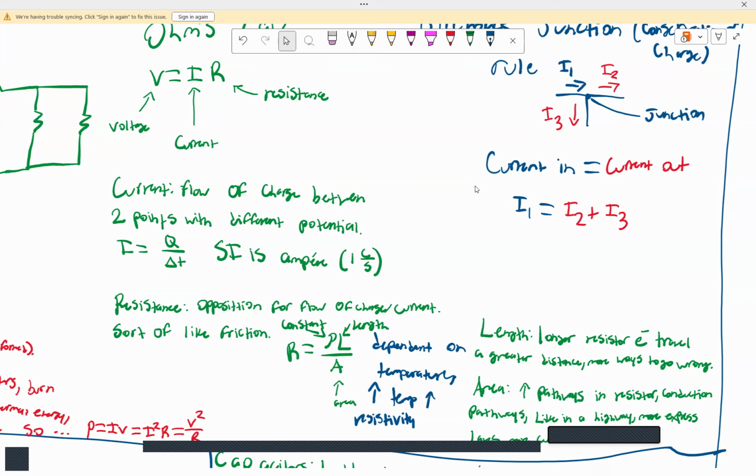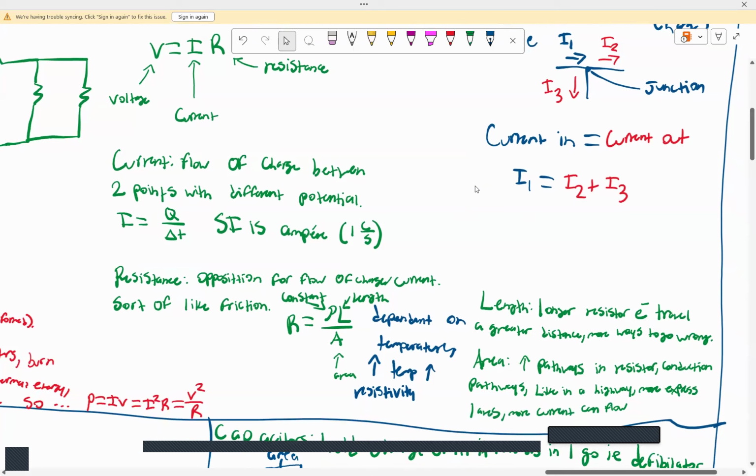So there's never going to be an ideal world where no energy is lost. And our resistance is equal to rho, which is a constant, times length over A, which is an area. And it is also dependent on temperature, even though that is not included in this equation.